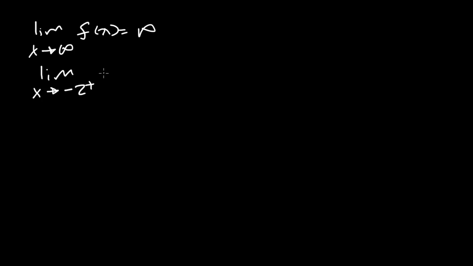The next thing I want to do is imagine that we have some limits here. Say we have some limits: as x goes to infinity, f of x is equal to infinity. Some other conditions: the limit as x goes to -2 from the right of f of x, we'll say that is equal to 6.